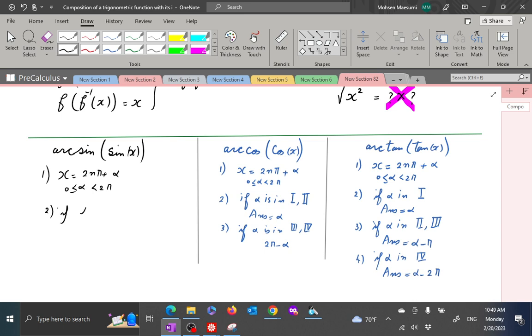If alpha is in quadrant 1, well, we got it made. Its answer is just the angle itself.